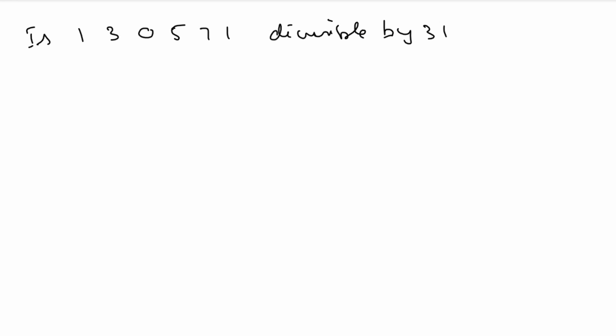What is the negative oscillator? This one, the negative oscillator, is equal to 3. Just drop down 1. Now what is the number here? 130571. You will convert every second digit as a negative value from your right-hand side.